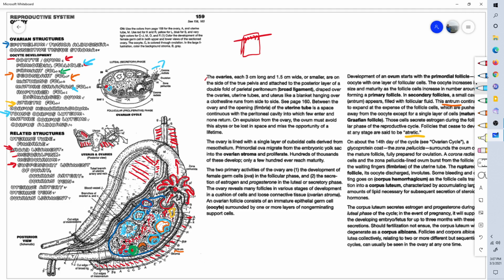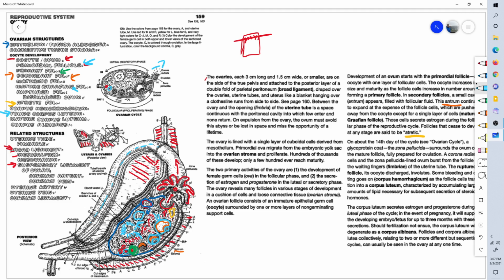As the egg cell travels down into the uterus, these hormones coming from the corpus luteum are very important in preparing the uterus for fertilization.